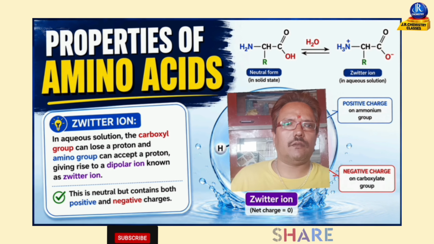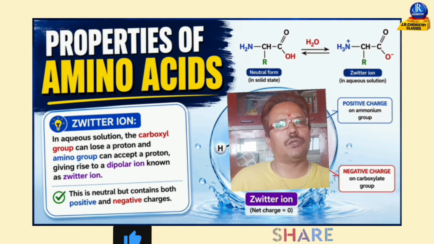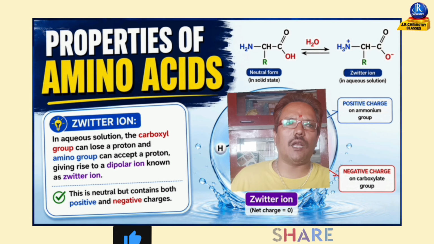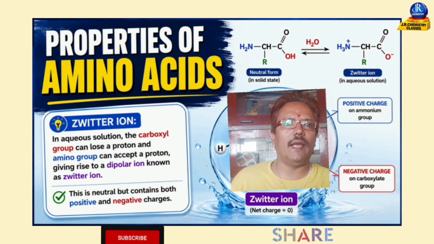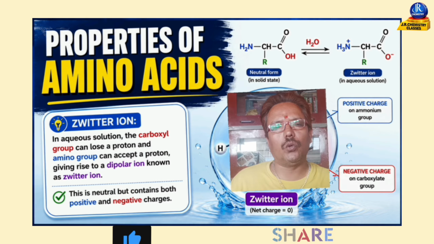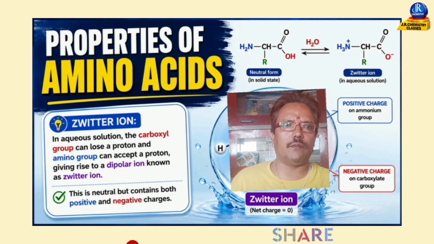Zwitter ion. In aqueous solution, the carboxyl group can lose a proton and amino group can accept a proton, giving rise to a dipolar ion known as zwitter ion.